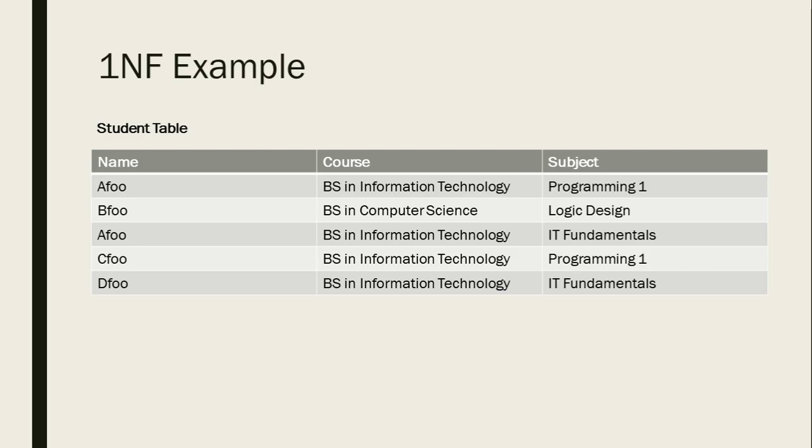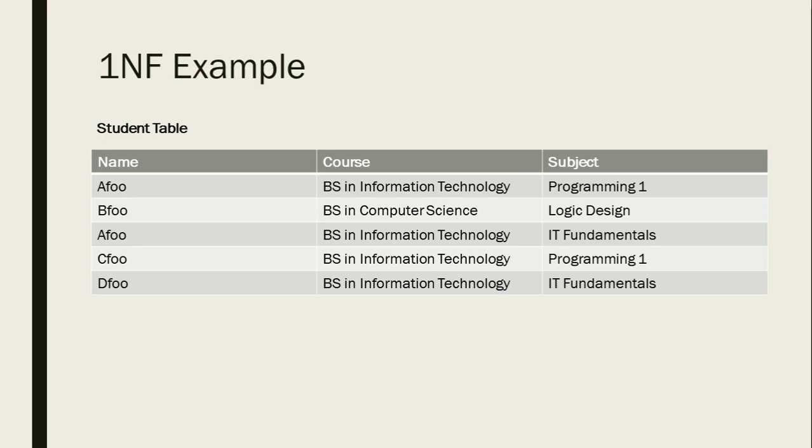Now, you cannot put those two subjects under one row. Otherwise, you would have a field that is not atomic. That means for the subject code, you'd have two values stored there, Programming 1 and IT Fundamentals.